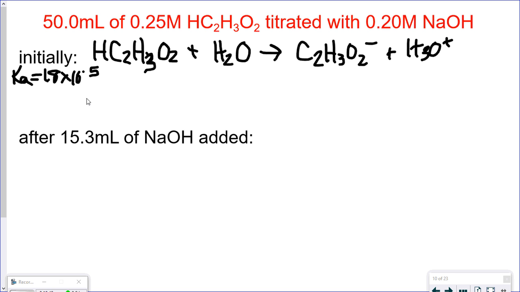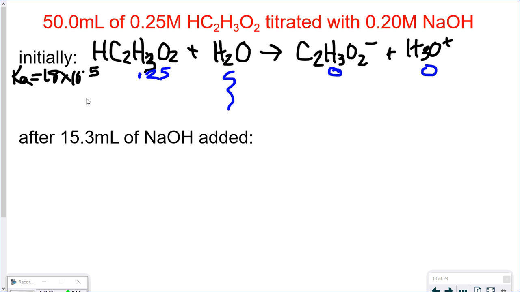So if we started with 0.25 molar acetic acid, this is going to be the beginning of an ICE table. So we have 0.25 molar. Remember, water does not matter, and we started with none of our product ions.